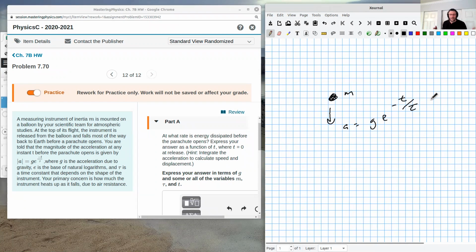Okay, that's interesting. That's not how things ordinarily accelerate that we're used to in our physics problems, because we're used to constant accelerations. In fact, most of what we've done this year has been about constant acceleration. So this is a different thing.